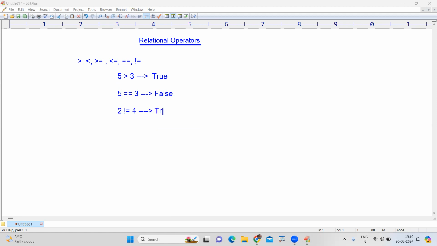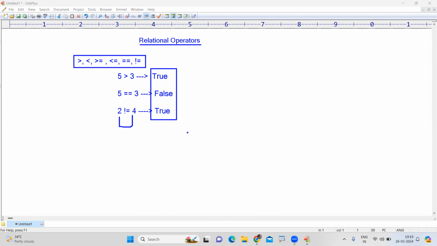Yes, the condition is true. Relational operators just return true or false by validating the relation among the data. That's it.